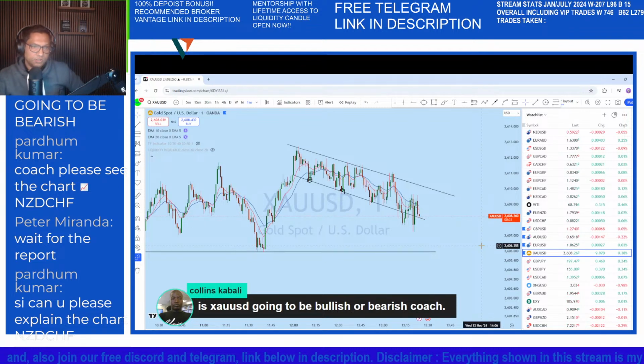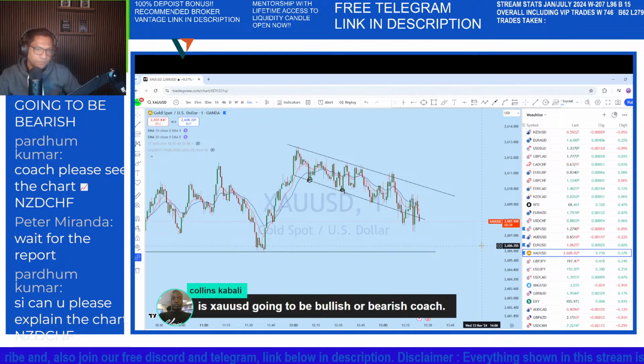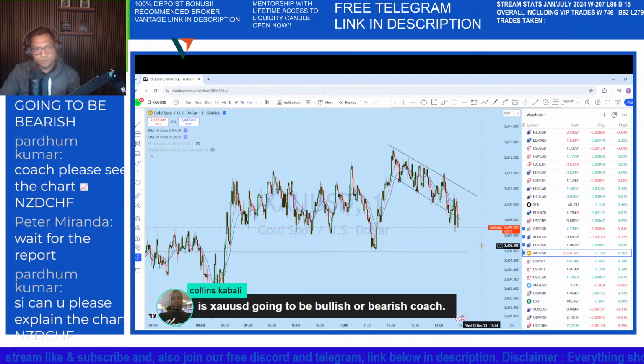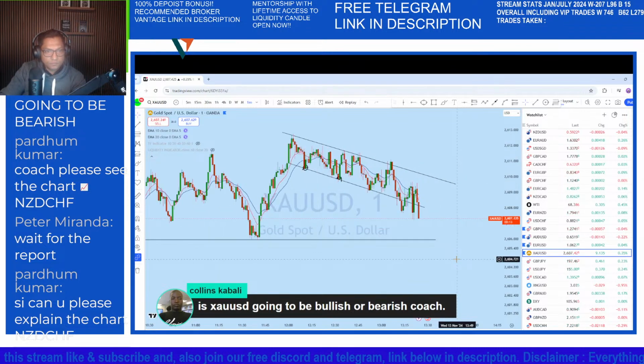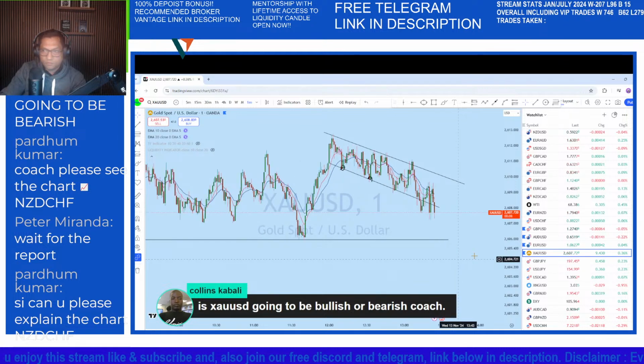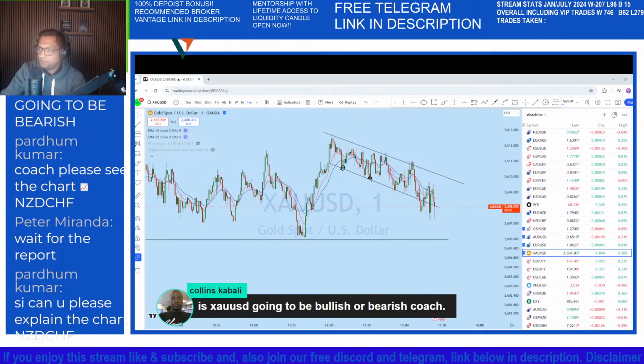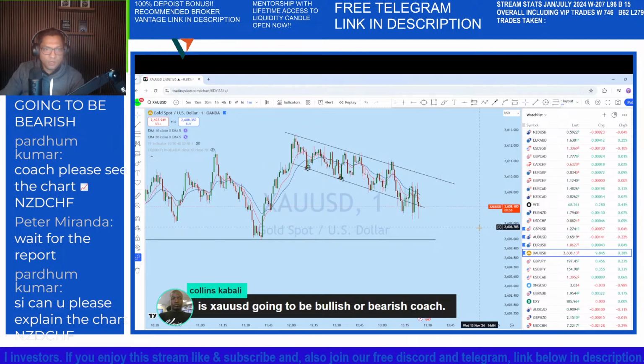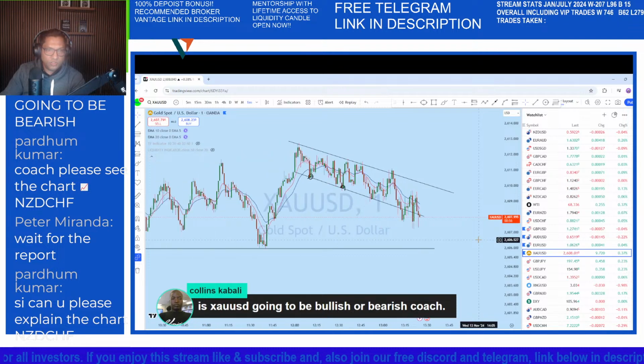Oh, this is a very weird structure being formed here. The thing that we can do is wait for the data to come out and then go for the entry.